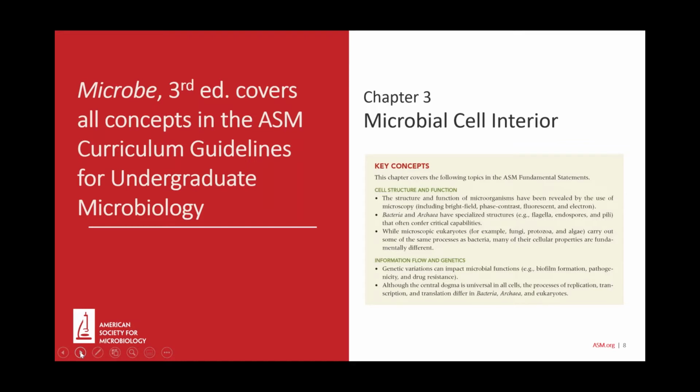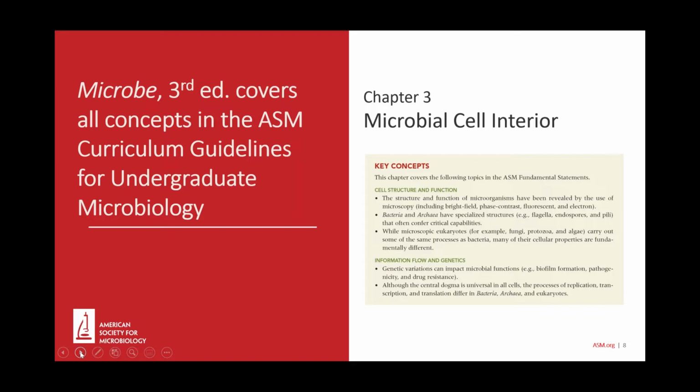The entire book is centered around the peer-reviewed ASM curriculum guidelines for undergraduate microbiology. These guidelines were published in JMBE, the Journal of Microbiology and Biology Education, in 2012. These curriculum guidelines were the result of input from dozens of educators and scientists and present the 27 fundamental concepts and 6 core themes.